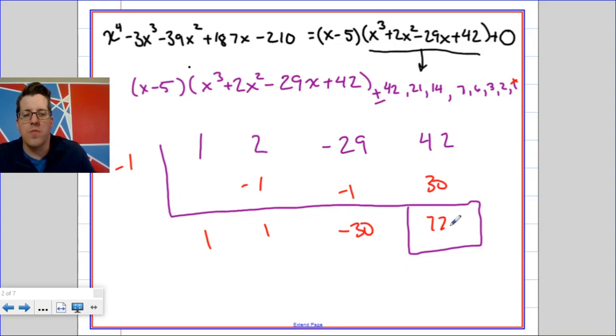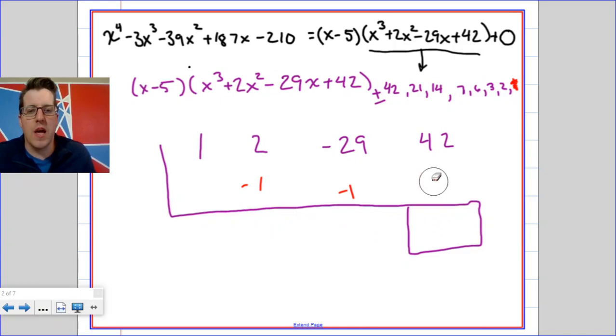I got 72. Now, are there things that are true about the answer you get out, or the signs that you see in here? Yes, there are things that are true about that. But we are not going to worry about those right now because we've got a process and we can follow the process. You can kind of move around however you like. You don't have to go in order. Do keep track, though, of the things you've tried.